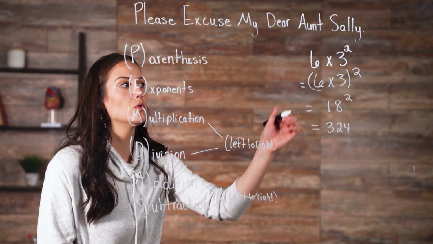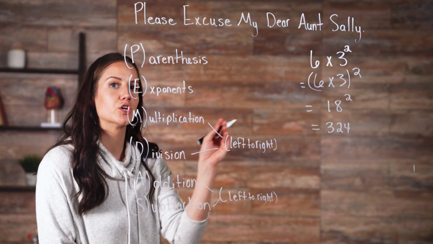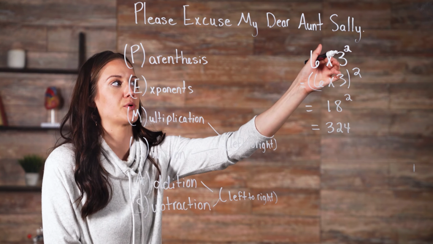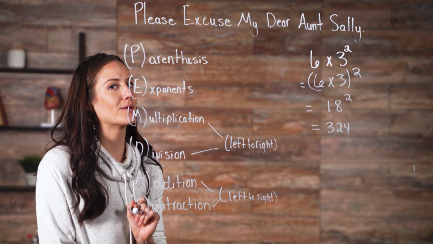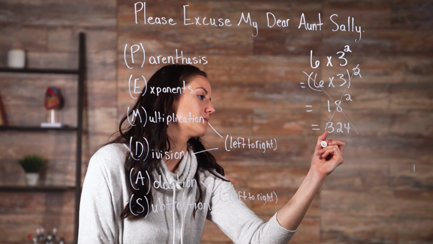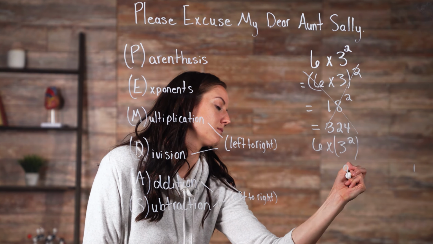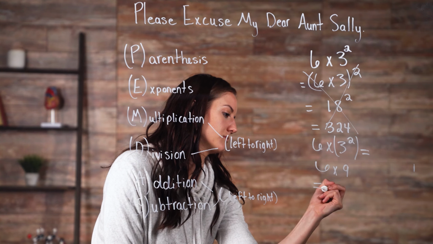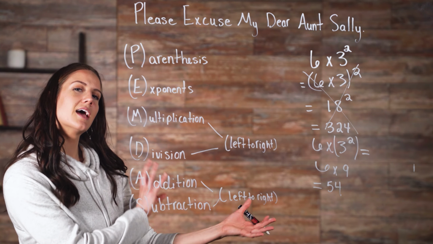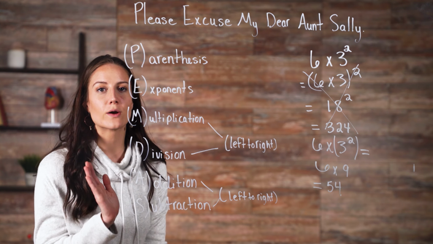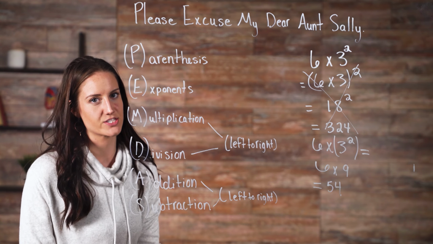You do not multiply first. You perform an operation on the exponent first. This is how it should be done. See, solving the equation in the right order provides the correct answer.